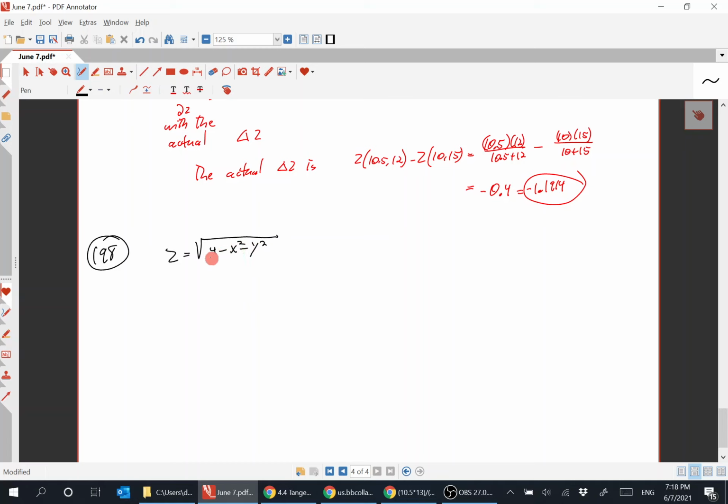Right, so what is this surface, by the way? If I rearrange it, I get x squared plus y squared plus z squared equals 4. That's the sphere of radius 2. So if I redo it like this, it's not the whole sphere. Which part of it is it? It's the top half of that sphere, right? So we've got the top half of the sphere of radius 2.